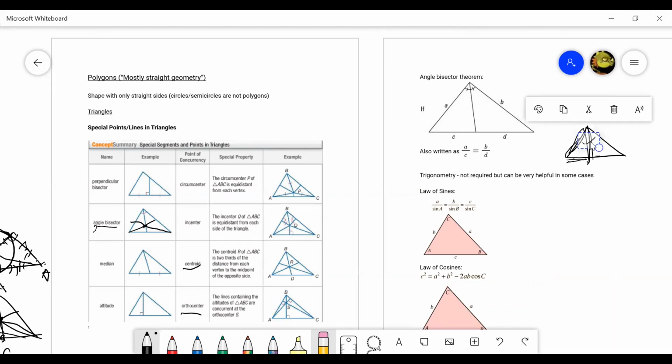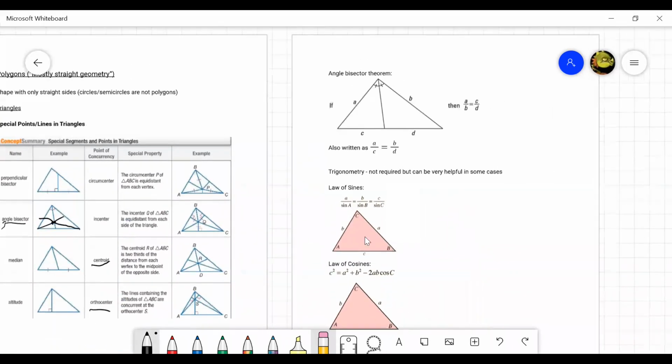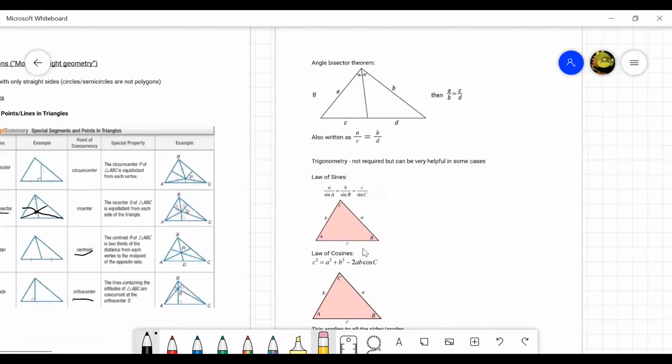And I guess this property is used a lot, so it's good to know. The proof of it actually uses the law of sines, which we'll talk about right after this. So if you do want to know why it's true, you can derive that.